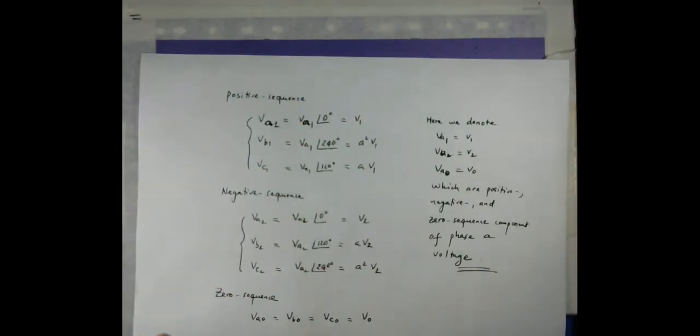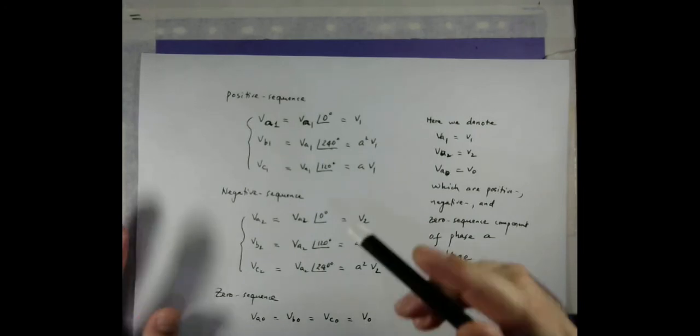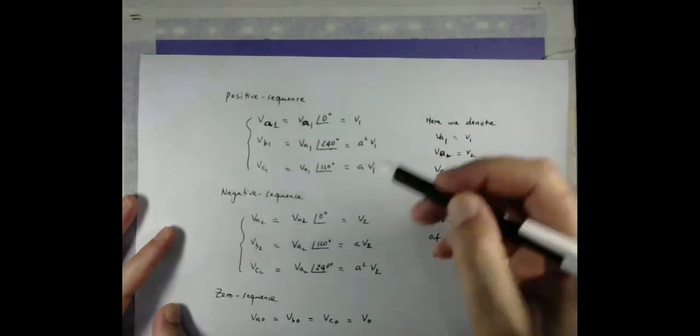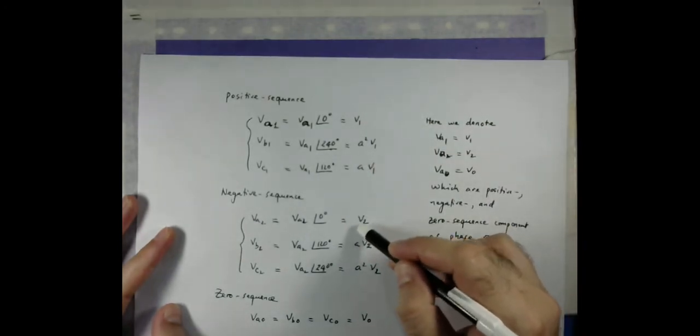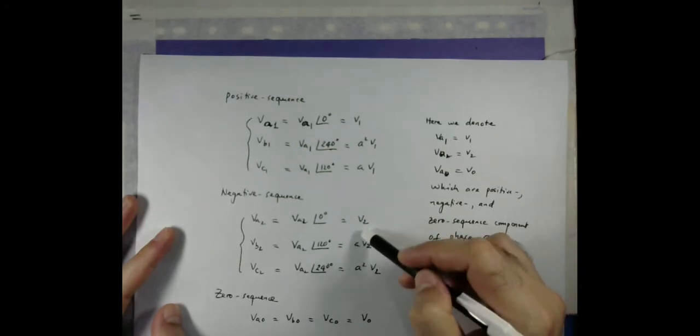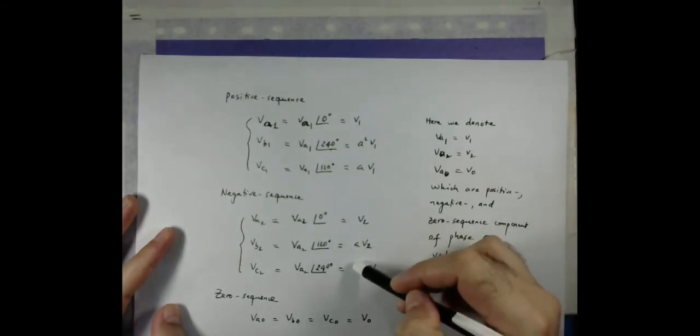Now, as I mentioned, all these sequence components have equal magnitudes. Here the magnitudes are the same, they are only phase shifted. Here we call the magnitude V2, and then they are phase shifted by some angles.